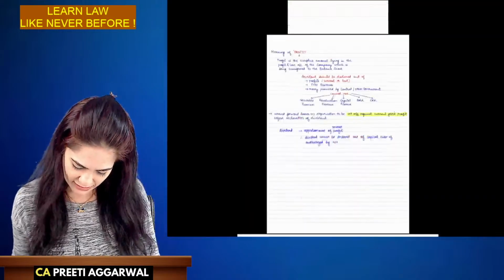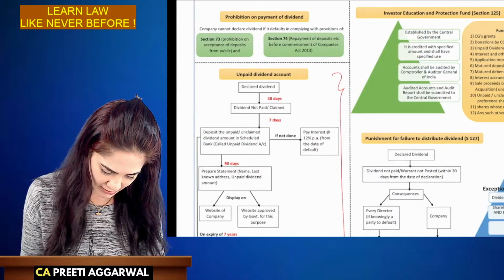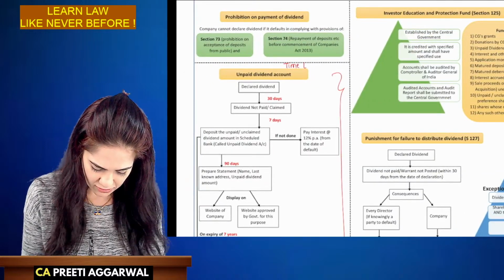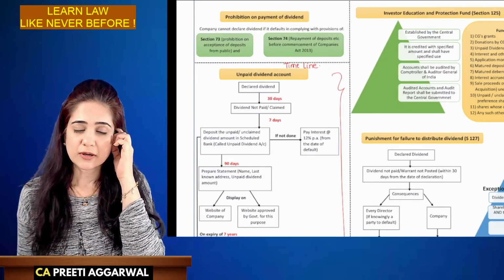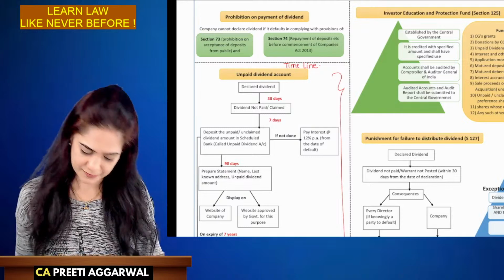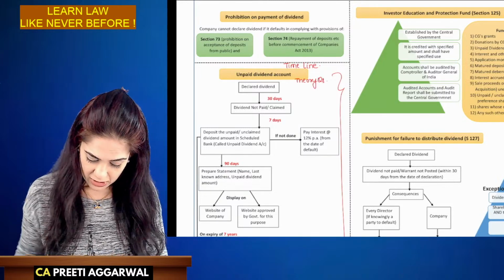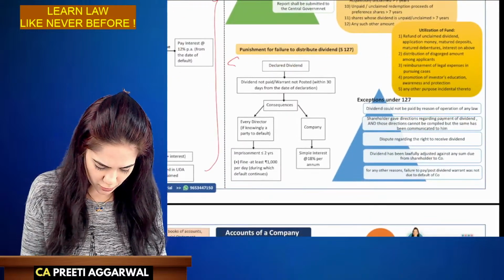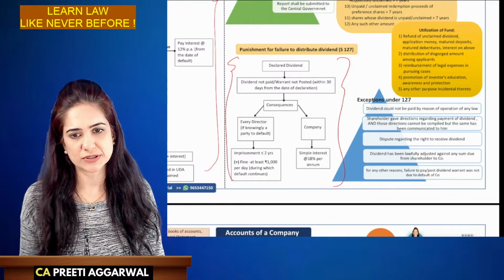So yes, I was telling you that this timeline that I have prepared is important. This timeline is important for theory questions. It can be asked for theory question. This is most important for case based. You have to learn the penalty provision.